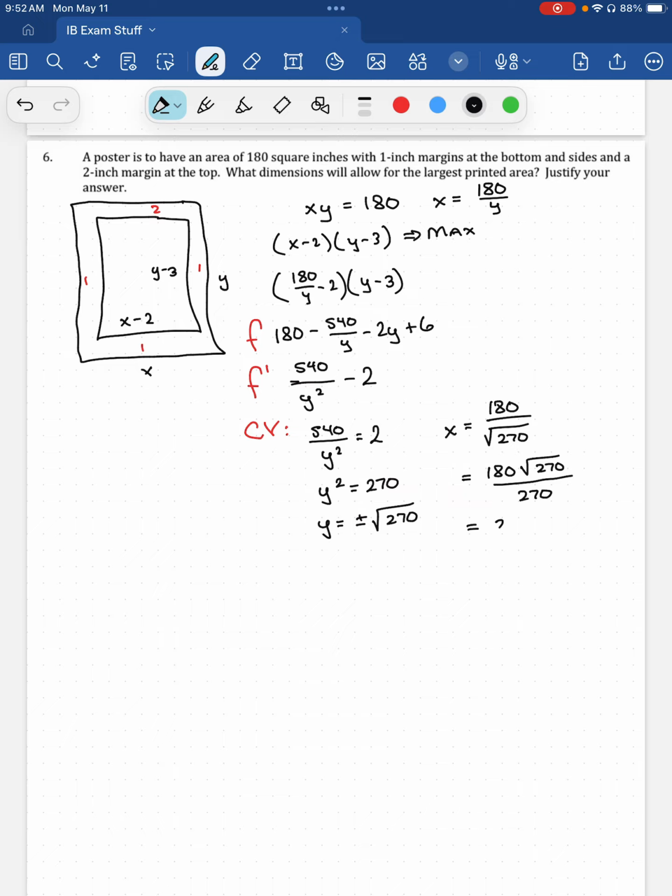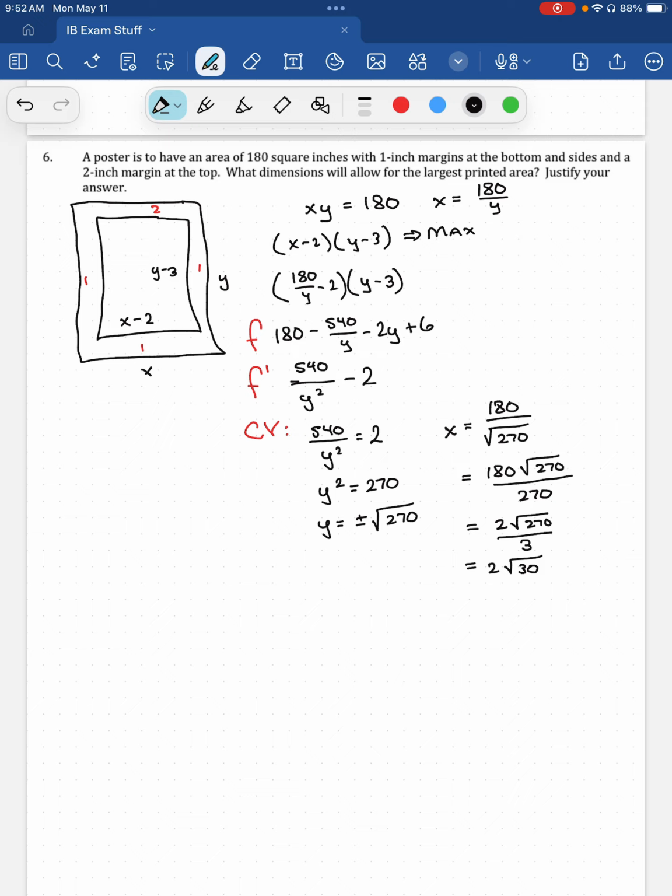So it is just 2 square root of 270 over 3. The square root of 270 actually has a 9 in it, so I could reduce that even further. If we take out 9, that's 2 square roots of 30. I'm sorry, that's the X value. We have our X, we have our Y.